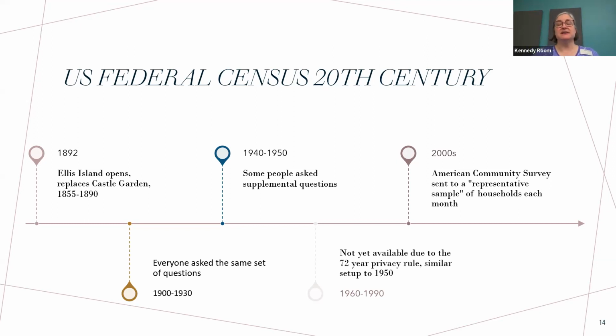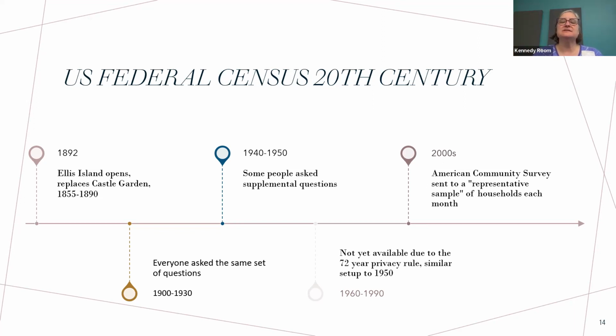So there were plenty. And then you get Baltimore and Boston and all of the East Coast. And Ellis Island was active 1892 into, I believe, the early 50s. So 1900 to 1930, everyone was asked the same set of questions, starting in 1940 and 1950 and continuing.